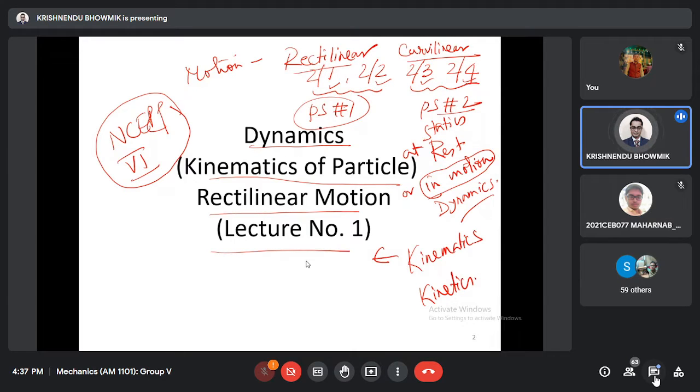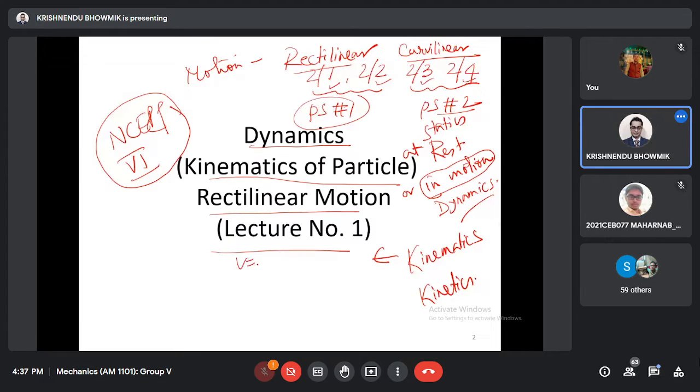Sometimes due to its motion, it will have some inertia. So in kinematics, we will not involve the force involved to produce the motions. The relationship will be in terms of displacement, time, velocity, and acceleration.